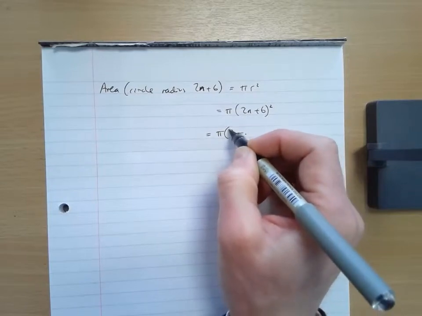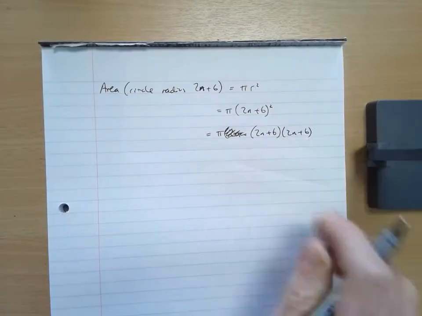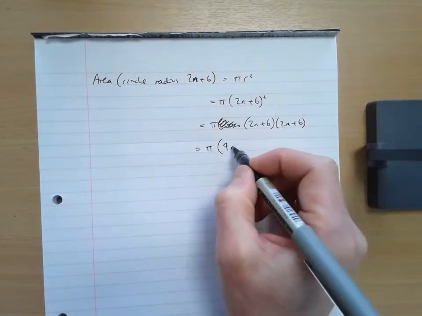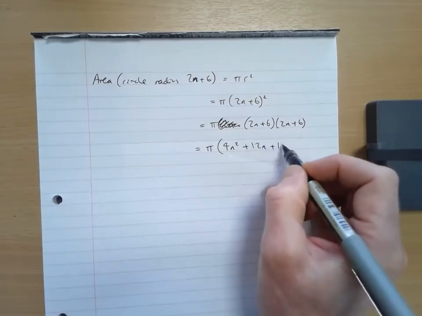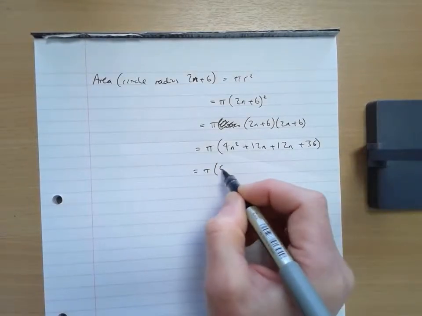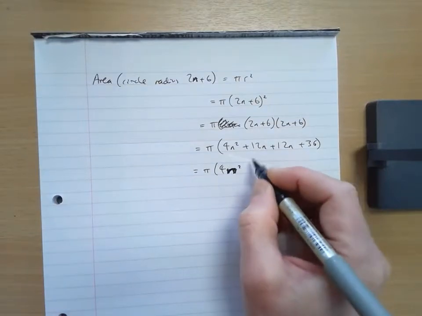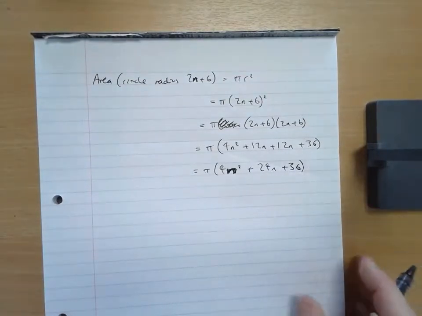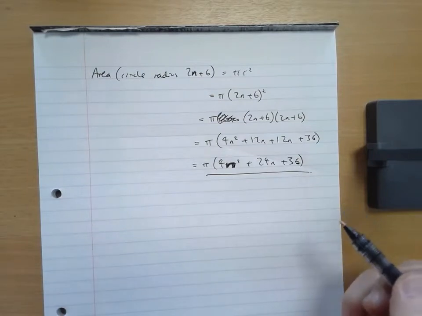Okay, (2n plus 6)(2n plus 6). 2n times 2n is 4n squared. 6 times 2n is 12n. 6 times 2n there is another 12n. 6 times 6, 36. Right, 12n plus 12n is 24n, plus 36 there. Okie doke, so that's our area of the larger circle.